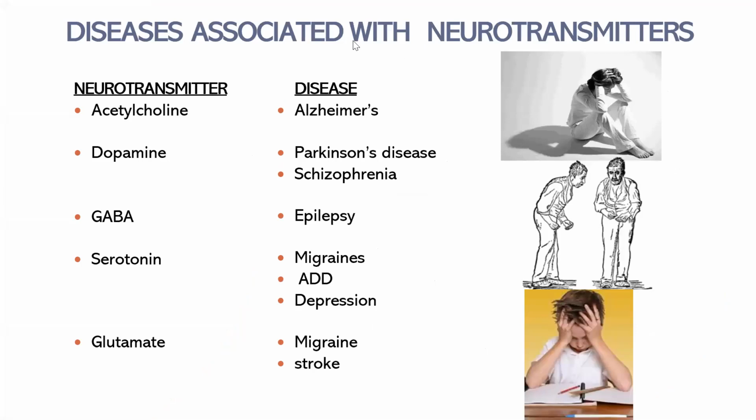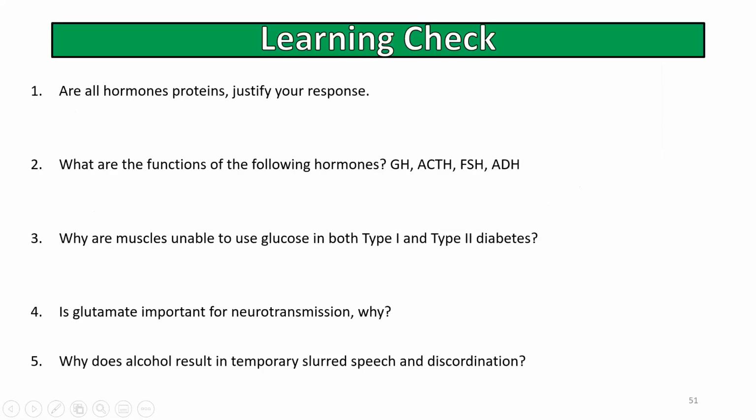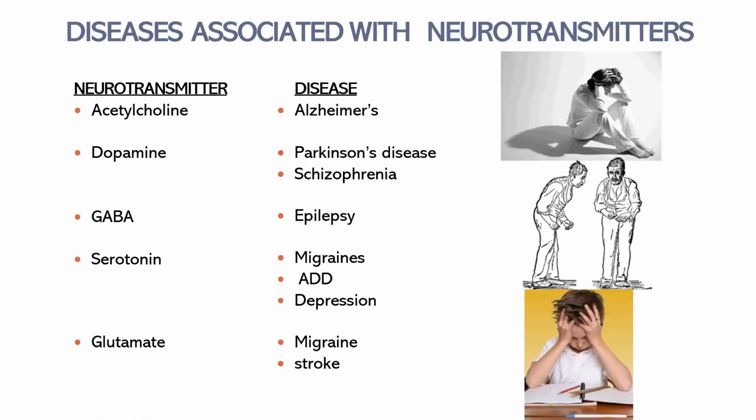Okay. So the diseases associated with neurotransmitters, these are the different diseases. You can go through them. We sort of went through them, not in detail, but they can lead to all these different diseases, which I'm sure you might have heard of, but haven't linked to neurotransmitters. It's a very brief preview.